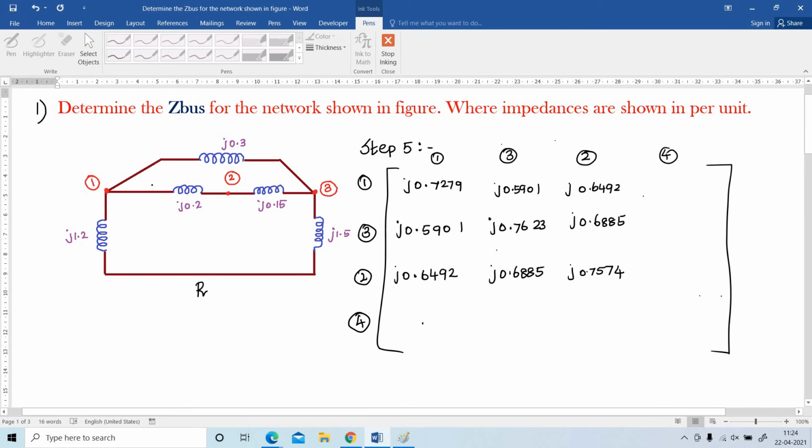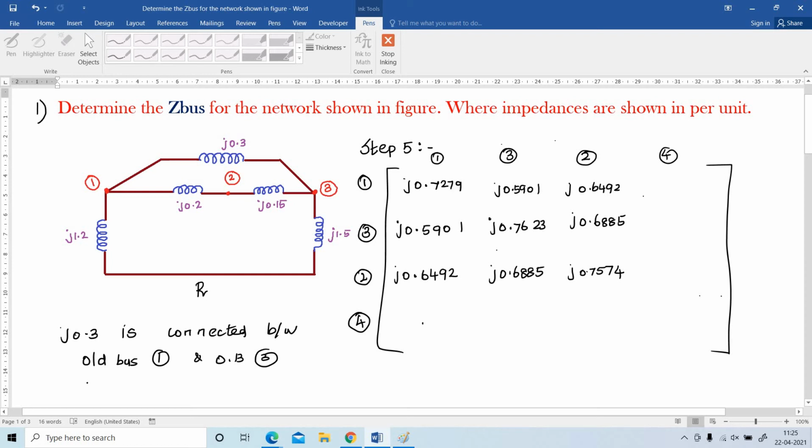What is step number 5? J 0.3 is connected between old bus 1 and old bus 3. This is the step number 5.